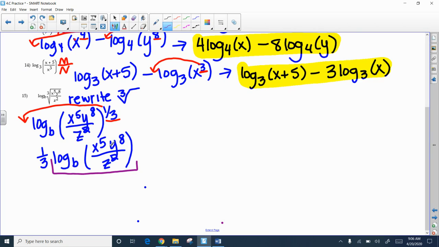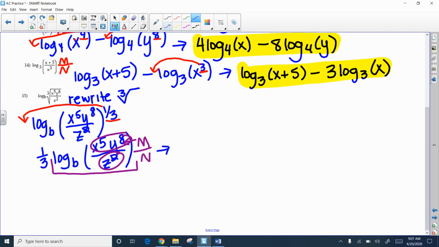To start out with, it's in the form m divided by n. And this whole expression is the m, this whole thing here. And then this is the n. So when I rewrite that, it's going to be in the form log base b of m minus log base b of n.